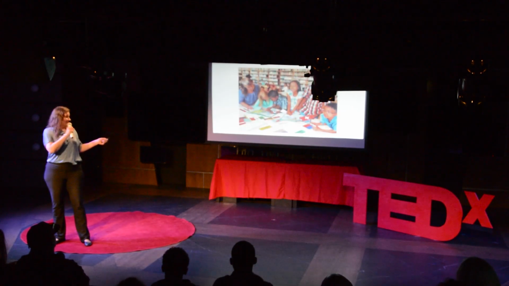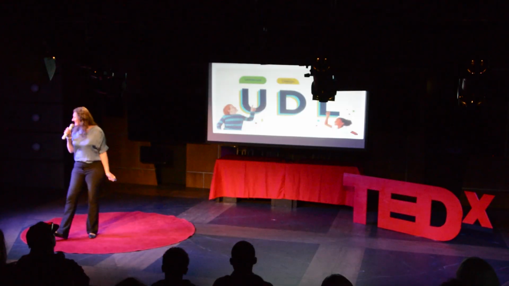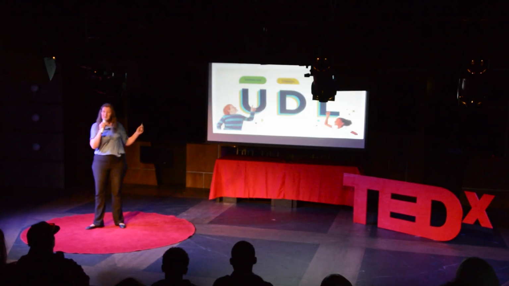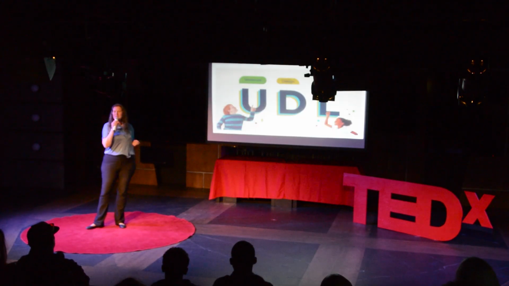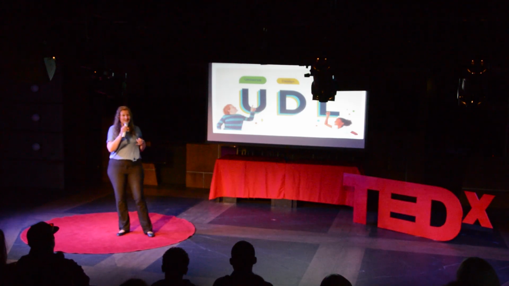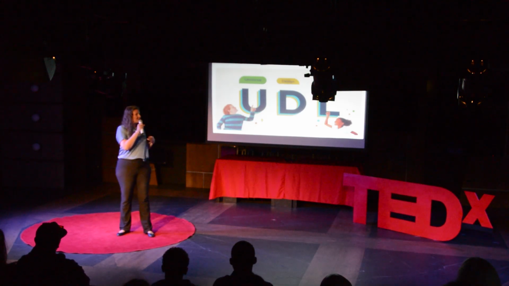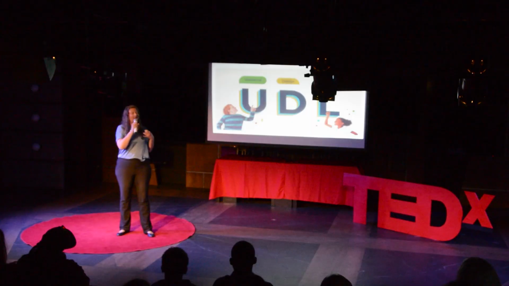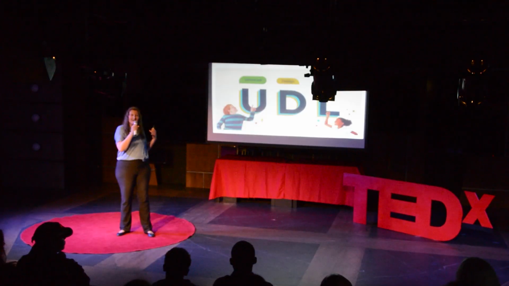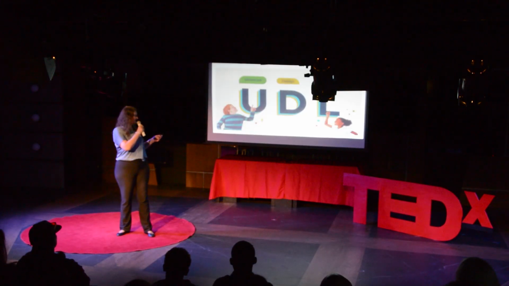I'm talking about Universal Design for Learning, or UDL. UDL is an approach to learning that makes meaning accessible and flexible for all students, no matter their strengths, needs, or cultural backgrounds.